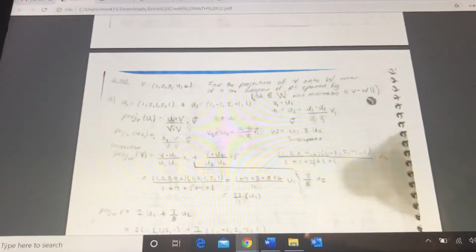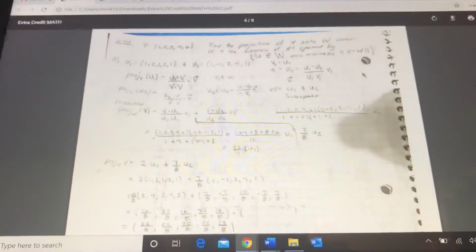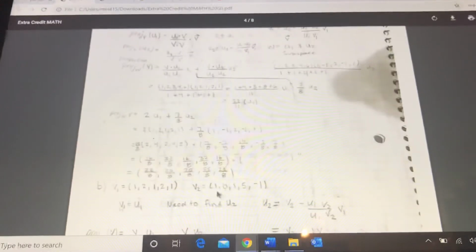Same deal here, projections and our u1, u2, u3. I decided to make u1 and u2 of just basis w, based on the question asking for it. And then we project w onto v, follow the equations here written out, and we end up getting the projection of w onto v, which is equal to this side right there.